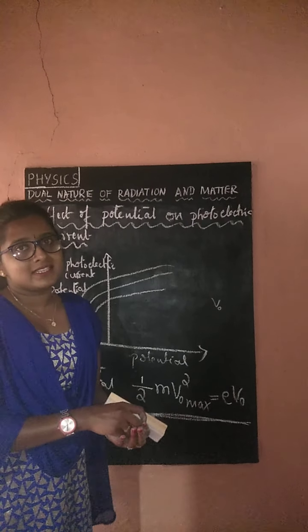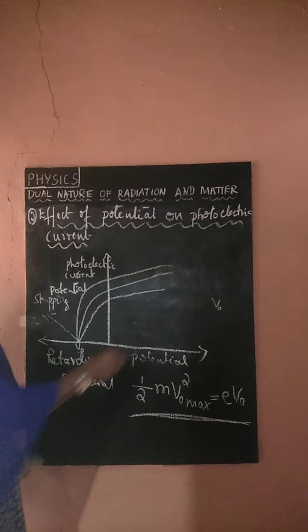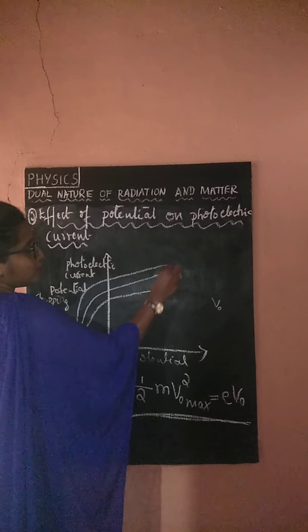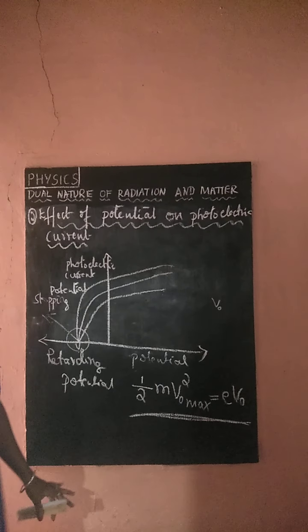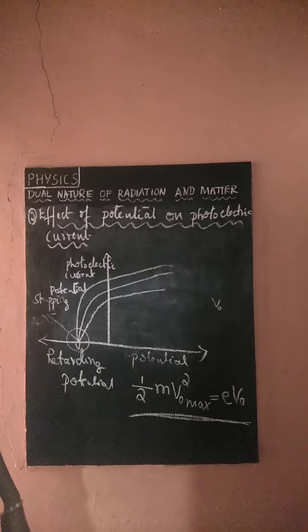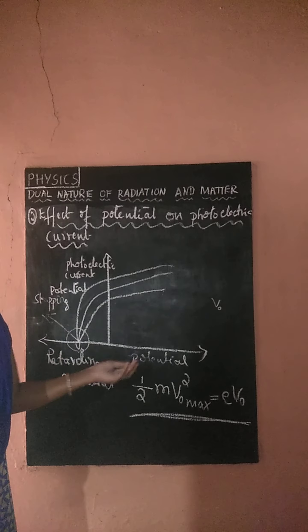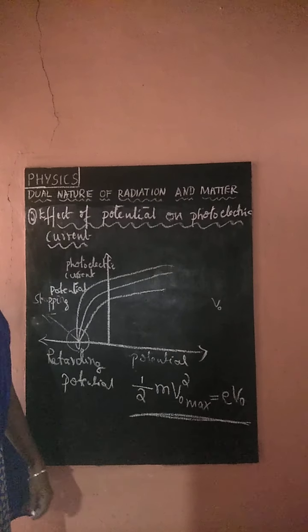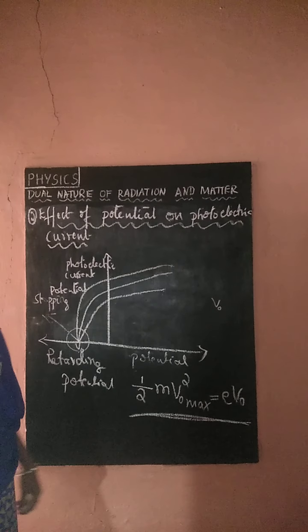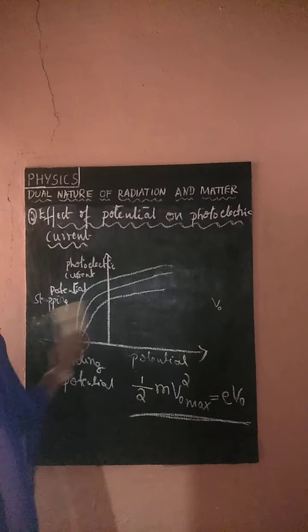For any intensity of incident radiation, the stopping potential will remain the same, because if it depended on it, it should also vary, right? So this is the effect of potential on the photoelectric current.